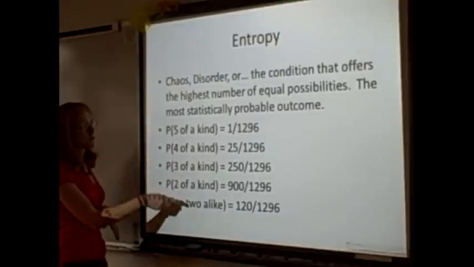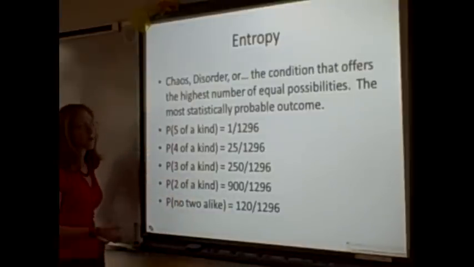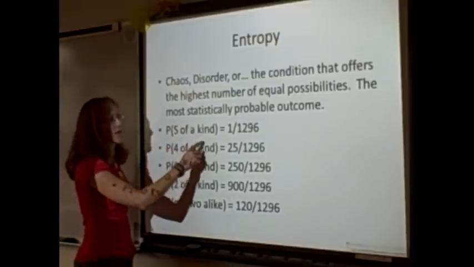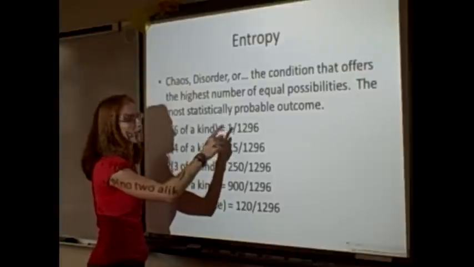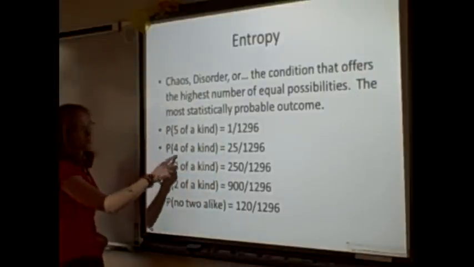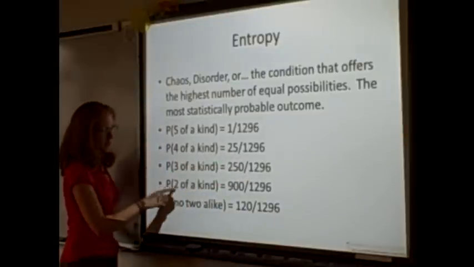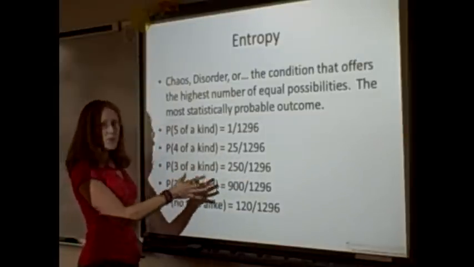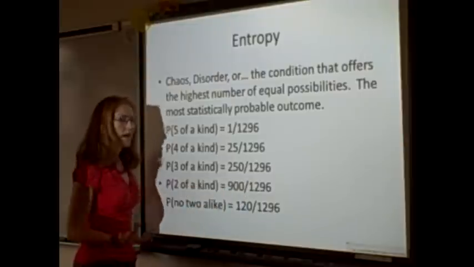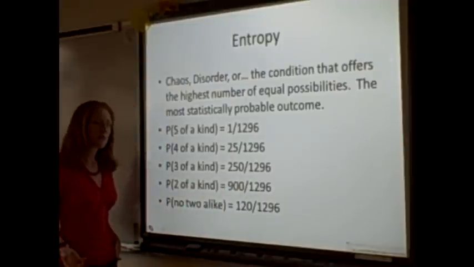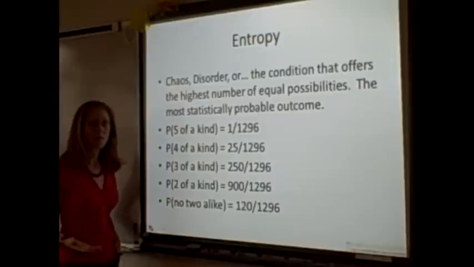Another way to look at that would be rolling dice. If I'm going to roll the dice and shoot for 5 of a kind, I'll get that 1 out of every 1,296 rolls. For 4 of a kind, I'll get it 25 times. For 3 of a kind, I'll get it that many times. And for 2 of a kind, that's the most likely. So this would be the system with the highest entropy. It's the most likely to exist. And you would think of it as also somewhat chaotic, because when I roll the dice, I'm most likely to have them all spread out.